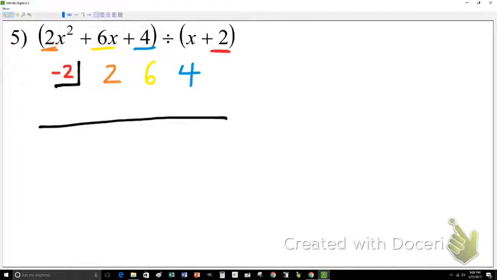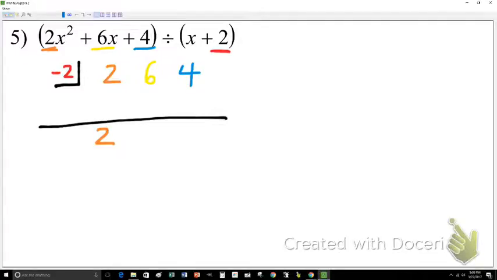And then the first thing we're going to do to actually do synthetic division is we're going to drop the 2 down below the line that we have there. So drop that first number 2 down below the line, and then we take that 2 and multiply it by the negative 2 we have in the box.